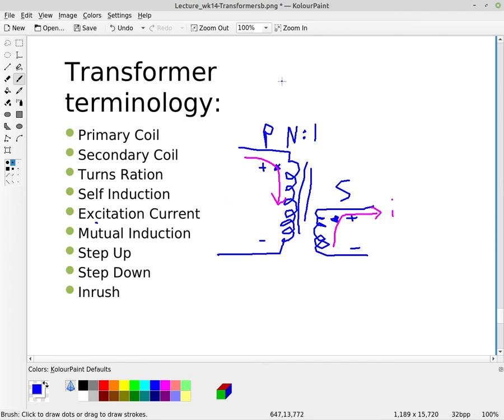For instance, if you had a transformer that on the primary side had 50 turns, and on the secondary side 5 turns, then this would be a 10 to 1 transformer. So it would be stepping down the voltage by a factor of 10, but the current would be stepped up.